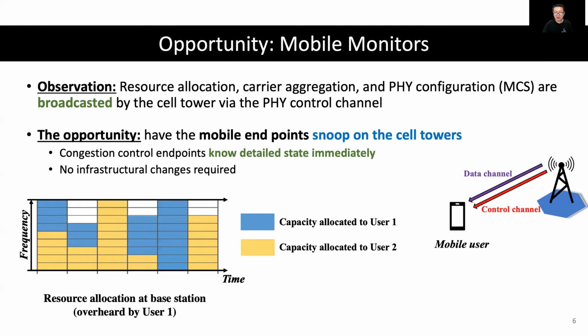We therefore observe an opportunity: if we enable the mobile endpoint to snoop on the cell towers, then the congestion control endpoint can know the state immediately, without any infrastructure changes required.